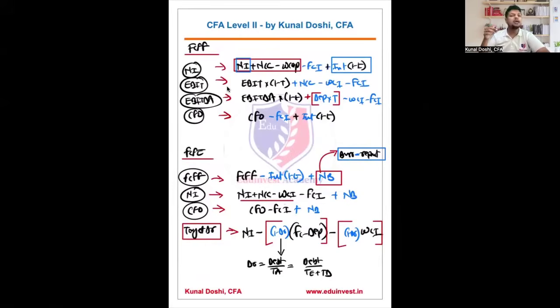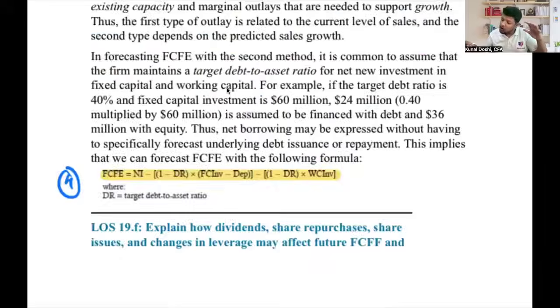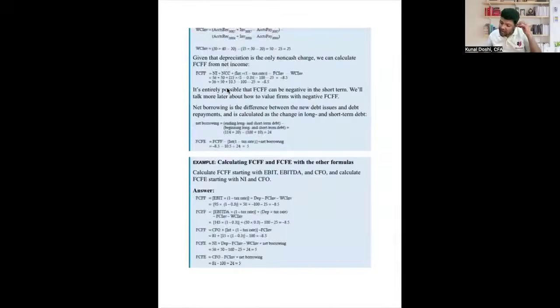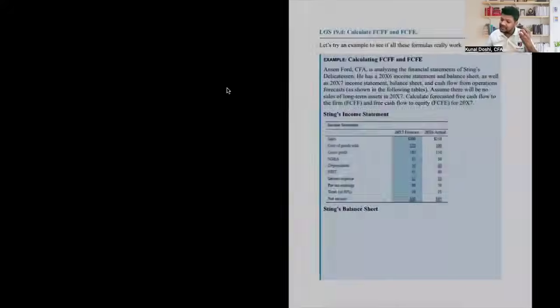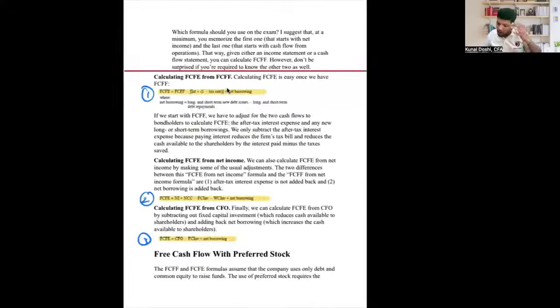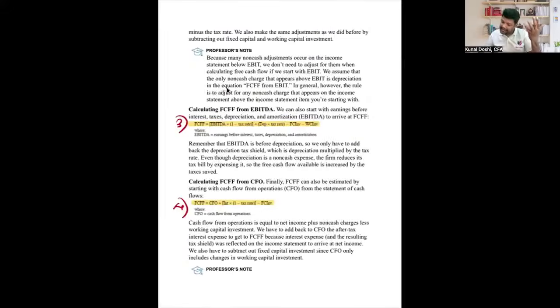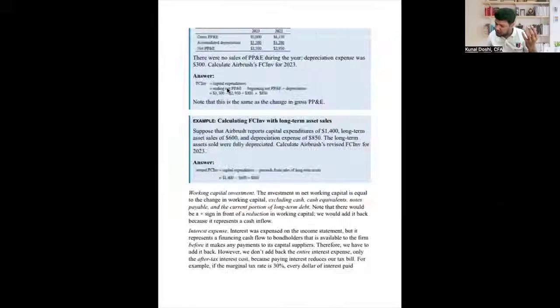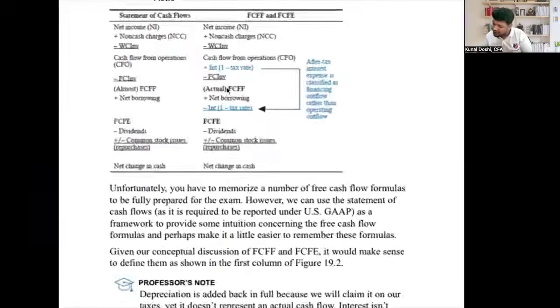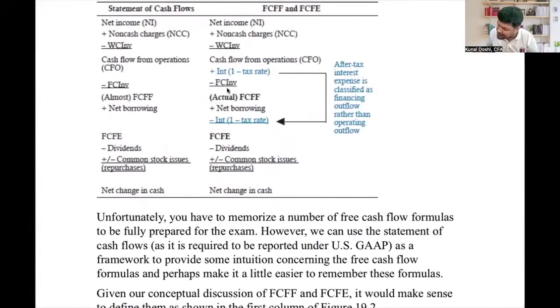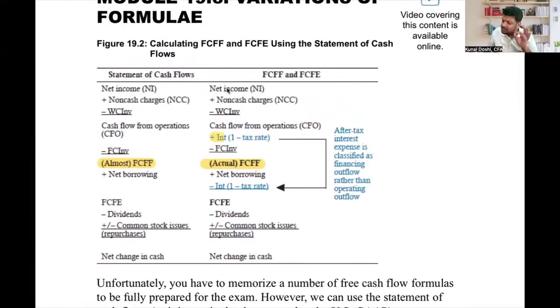Now there are some additional things that they've done a deeper analysis on, but I don't want you all to go that deep into how exactly there are adjustments in fixed capital and working capital. You can read it or rely on your knowledge. Also, they've given the difference between almost FCFF and actual FCFF. The only difference is that in actual FCFF, we do deduct interest times 1 minus T. In almost FCFF, we don't do that.